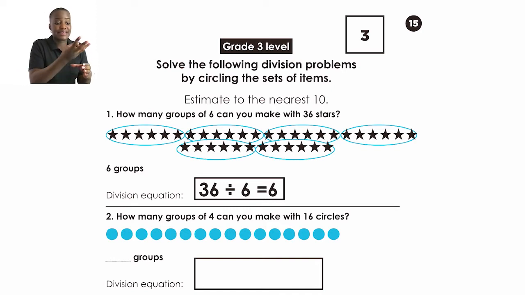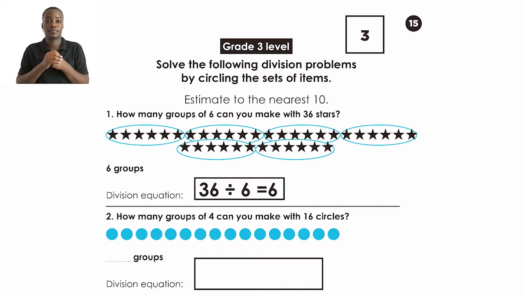And we are now going to put that in a division equation. So we start with the things that we were counting. We were counting 36 stars. So we write the number 36. Then we put the division sign, as you can see, which is 2 small boxes or 2 dots and a line in between.